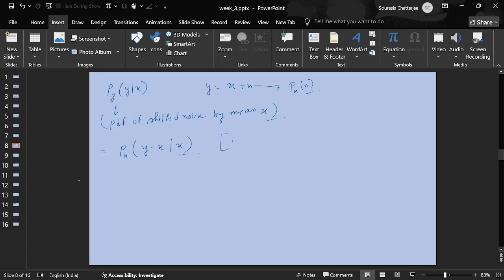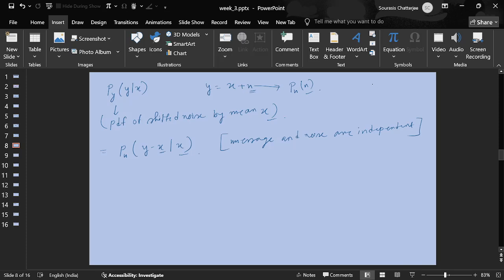And we are going to make one assumption here, that is not an assumption, actually we know that message and noise are independent. So that means this x here and this n here are independent to each other, and that's quite obvious, because what message you are going to transmit from transmitter side has nothing to do really with, or there is no correlation to the noise that is getting added.